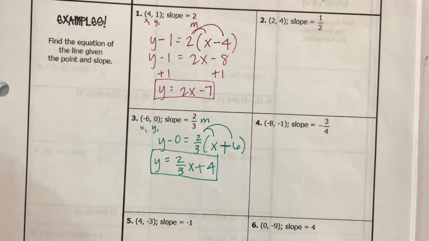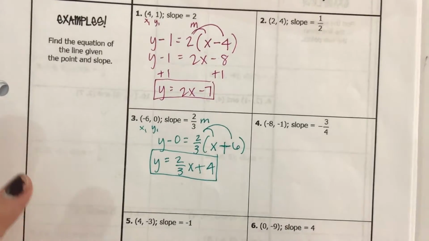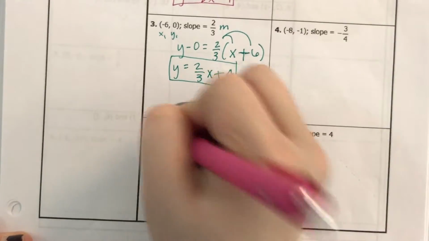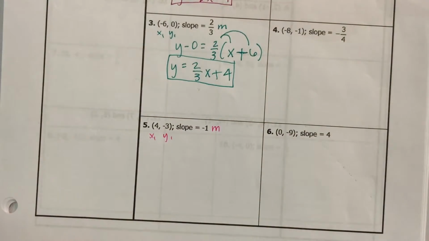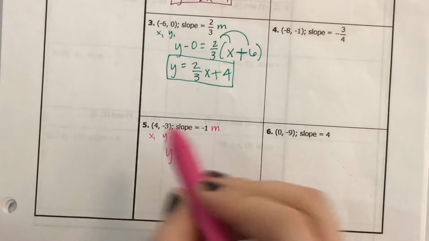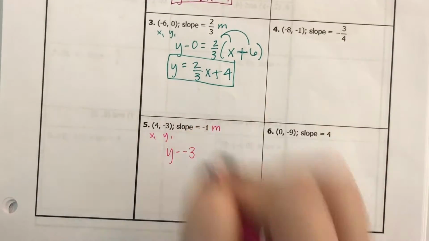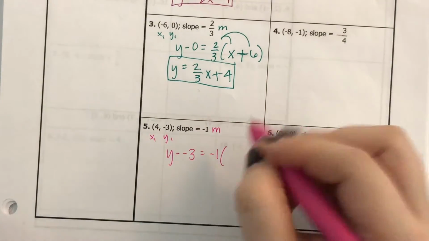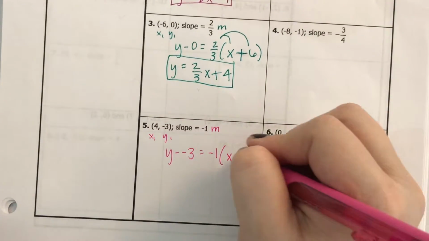Okay, let's do number 5. x1, y1, m. You don't have to write these down every single time, but I'm doing this just so that we can get used to where we're going to plug these things in. So y minus y1, which is negative 3, equals m, negative 1, times x minus 4.